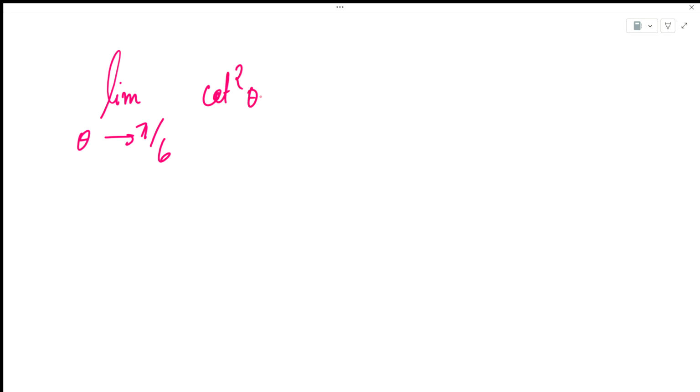Okay, so let's take another limit. Limit theta tends to pi upon 6, cot square theta minus 3 divided by cosec theta minus 2.